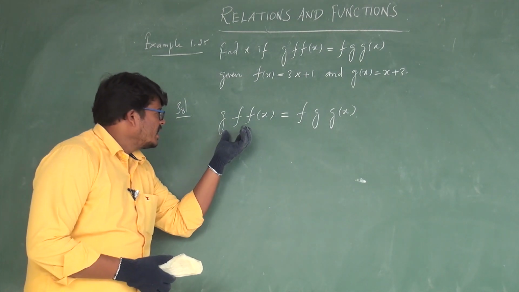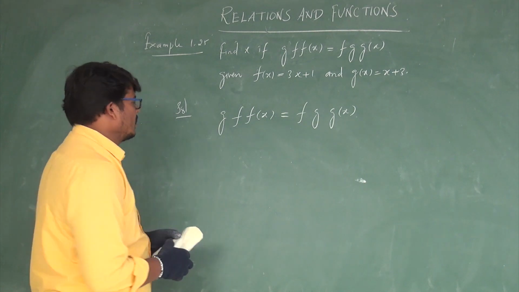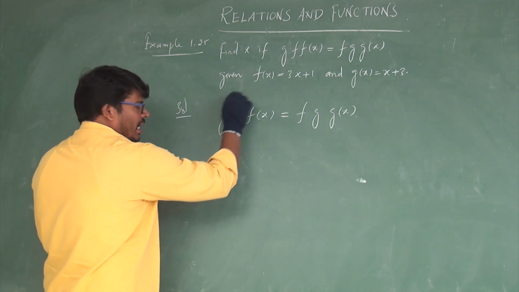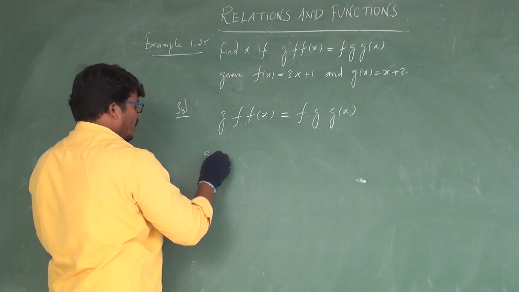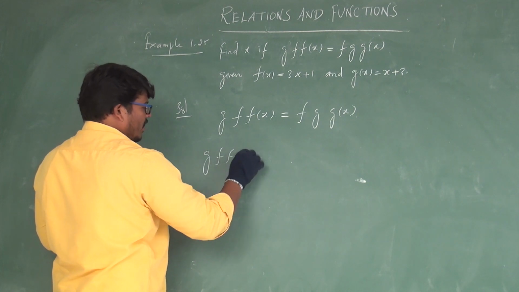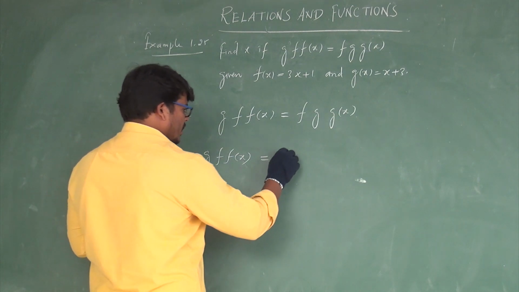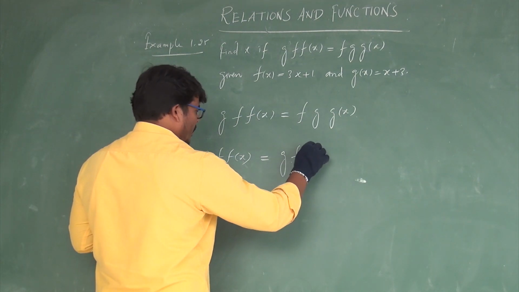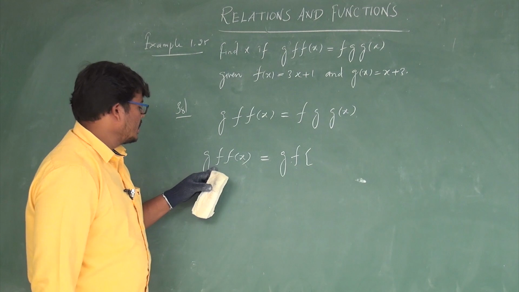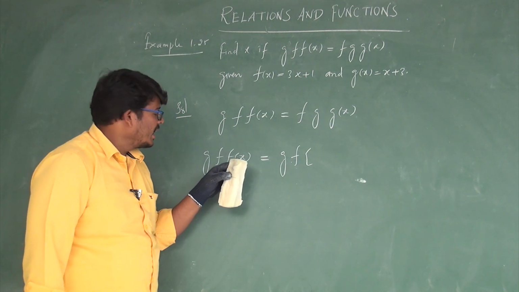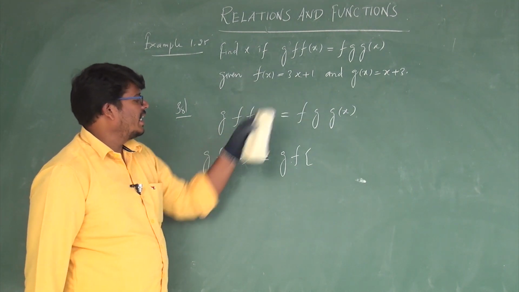First, now find g of f of x. First, find the LHS. g of f of x. Here f of x is 3x plus 1.